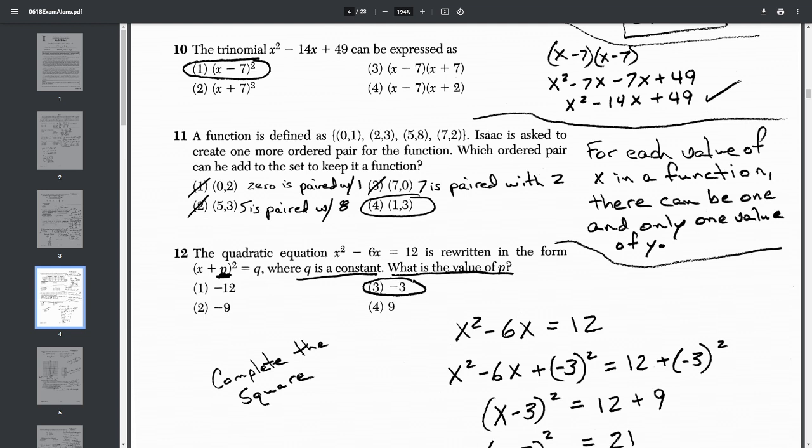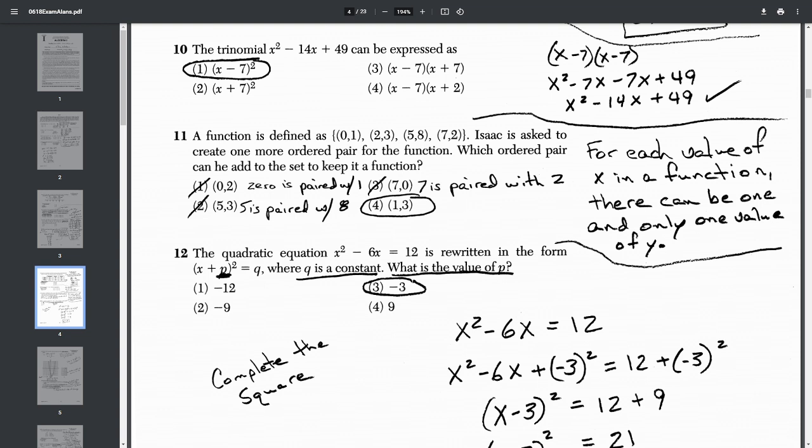Number 12, it says, what is the value of P? So they basically are asking you to complete the square here. We're going to take that negative 6 and cut it in half, square it, and add it to both sides. So we're going to add 9 to both sides.